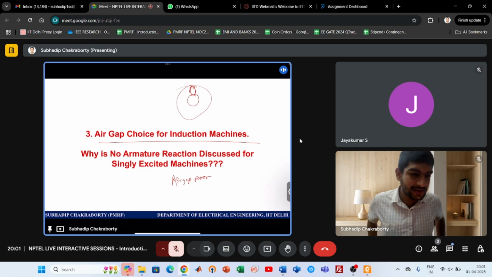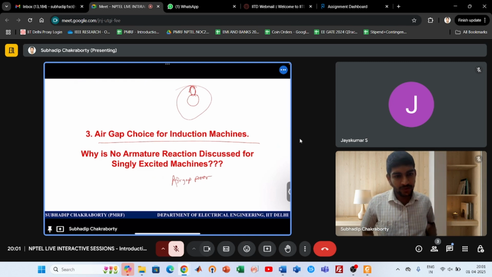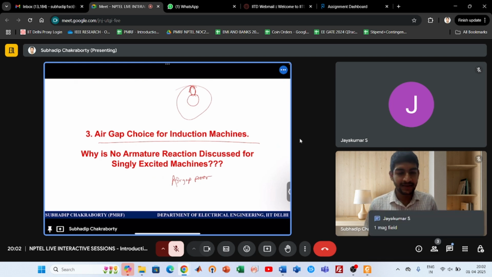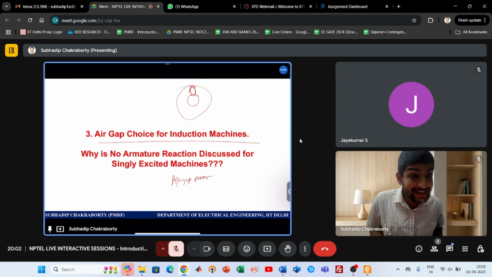The only reason you kept the armature on the rotor in the DC machine is that you needed the mechanical rectification or the commutation. There is a completely different purpose. It has no relation with why it does not have armature reaction. But what I am trying to address is that for singly excited machine, one magnetic field is incorrect, because stator creates a magnetic field, and in reaction to that, rotor creates another magnetic field.